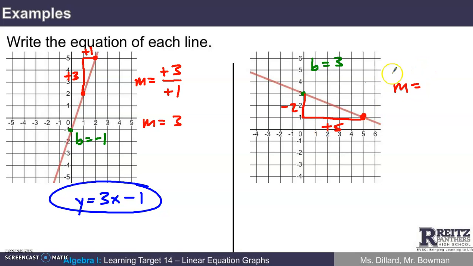So my slope, rise over run, is -2 over +5. The two signs being different means that the slope will be negative. Nothing divides out of both 2 and 5 other than 1, so I can't really reduce that fraction. It's just -2/5. And knowing the values of m and b, I can write my equation y equals -2/5 x plus 3.